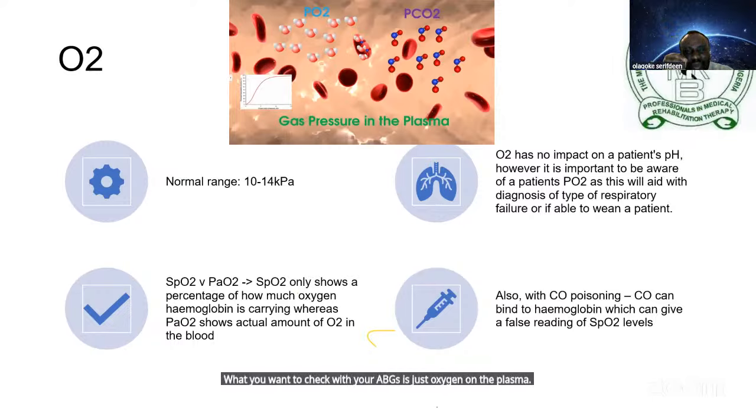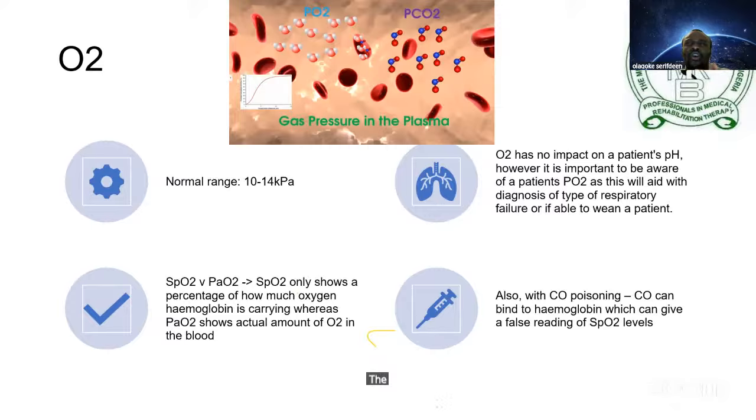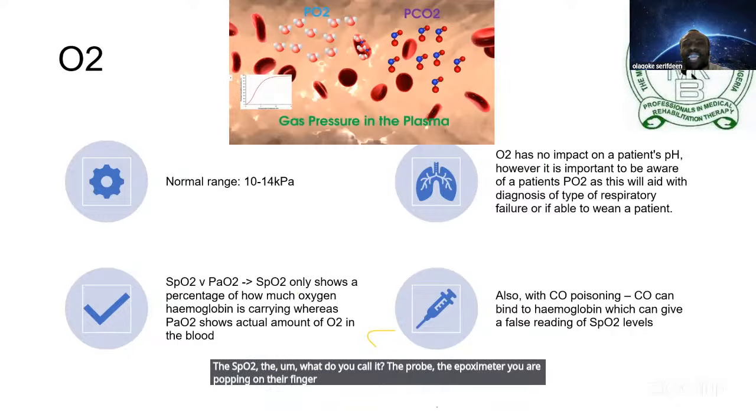And again, why are we checking oxygen in the plasma for a patient? Number one, because when somebody is acutely unwell, they are dying gradually. The SpO2, the pulse oximeter you are popping on their finger, might give you a false reading. That is the point I'm trying to make.